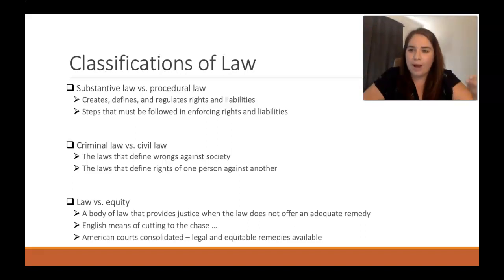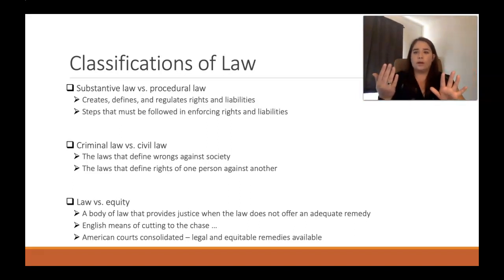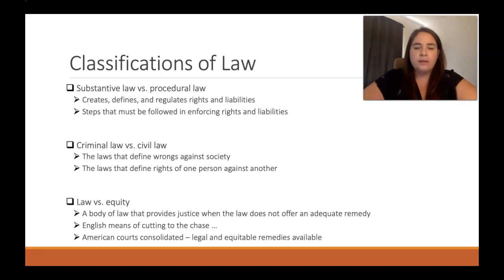Versus how we operate, which is not like that. Our American courts used to have courts of equity and then courts of legal remedy. But then we were like, you know what, that's too complicated. So now we utilize legal remedies and occasionally equity, but equity is a much more complicated concept, and we'll be talking about it pretty consistently throughout the class.